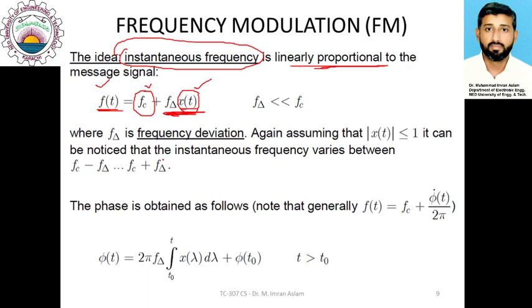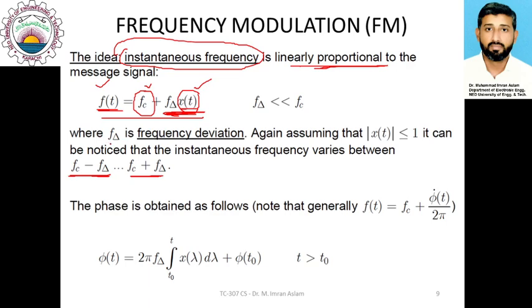Therefore, the frequencies present in this signal would have a minimum value of fc minus f delta, and the maximum value that we can get for the frequency would be fc plus f delta.